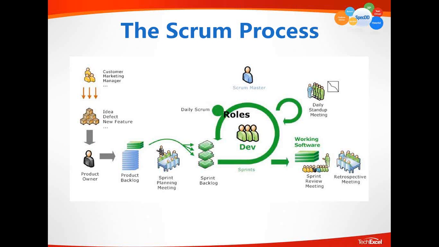A development process in Scrum mainly consists of a set of iterations. This iteration is called a sprint. And multiple of them are continuously running. So the set of sprints really defines the Scrum process.